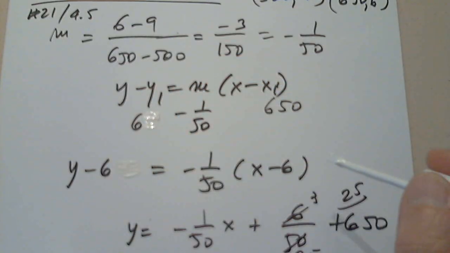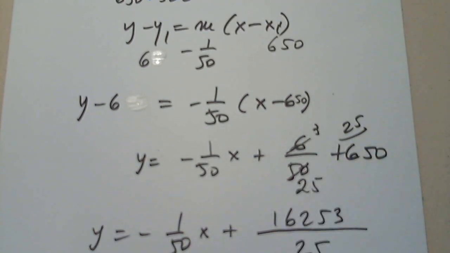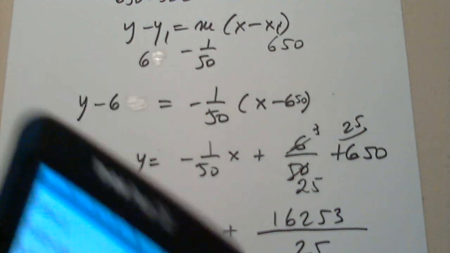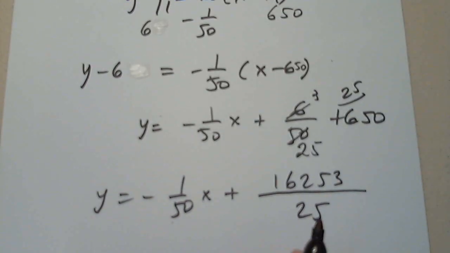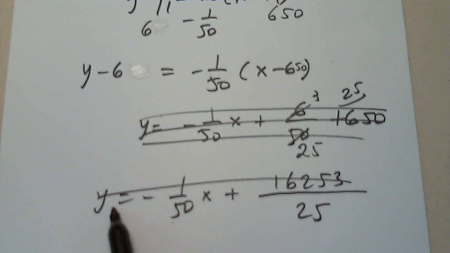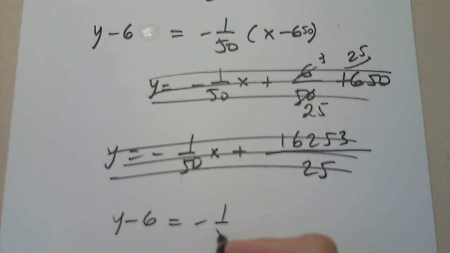Thank you so much. Okay. So this is 650. So 650 divided by 50. I got 13. Good. So I'm just gonna do this. So y minus 6 equals negative 1 over 50.